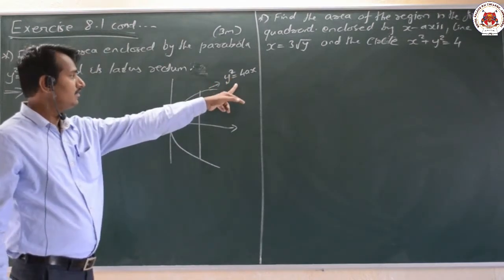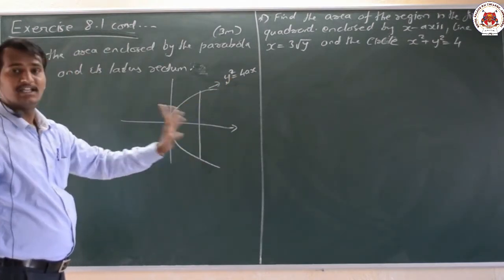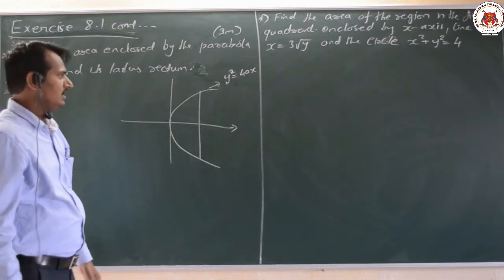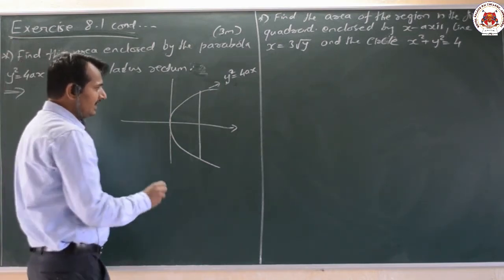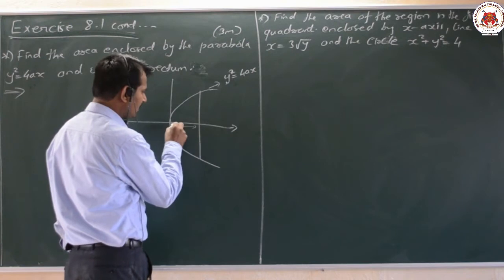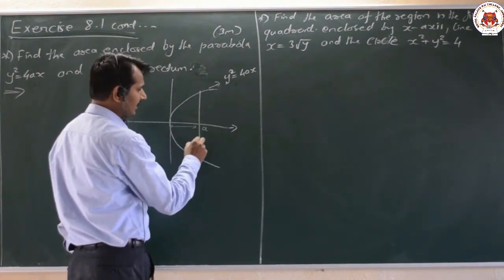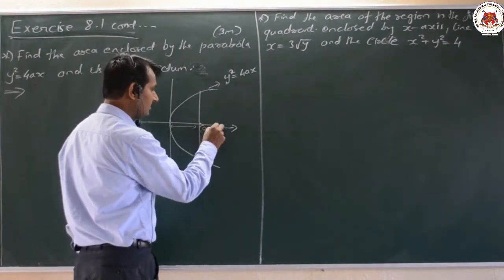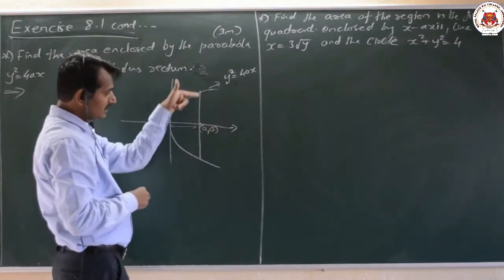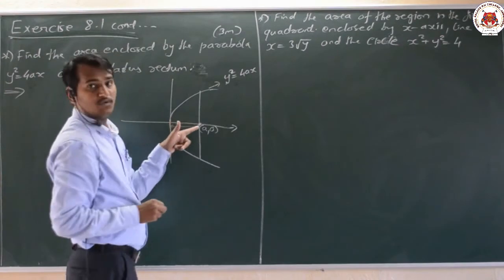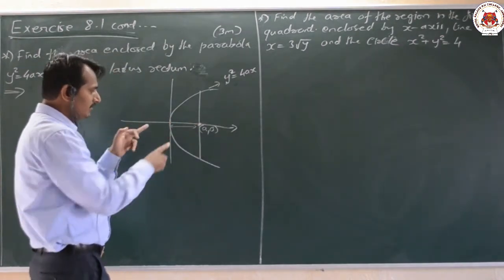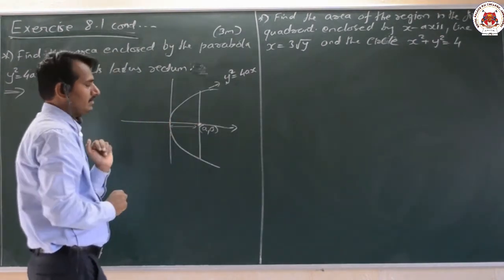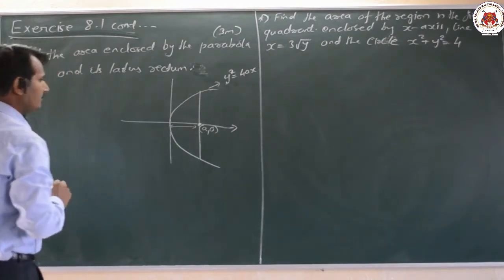Whenever it is in standard form, the length of the latus rectum is 2a. This particular distance is a, and this point is a comma 0, which is the focus. The latus rectum always passes through the focus, that is a comma 0. That means this particular distance is a, which we know.